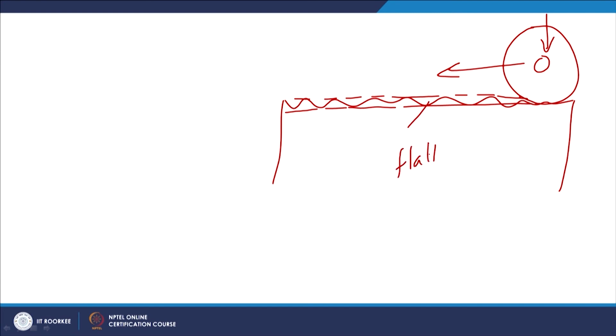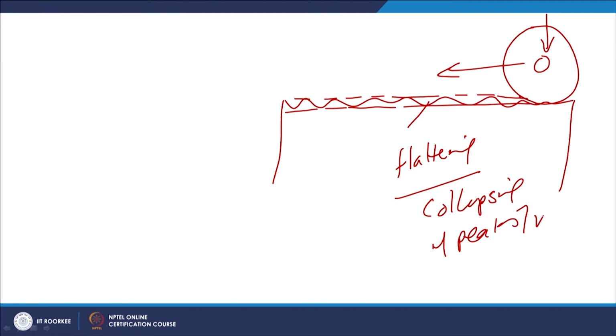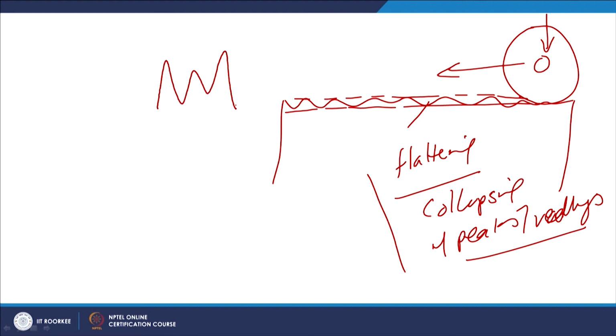Flattening and collapsing of all these peaks and valleys is ensured by the burnishing tool, and after the burnishing, the peaks and valleys which were like this will get flattened like this.